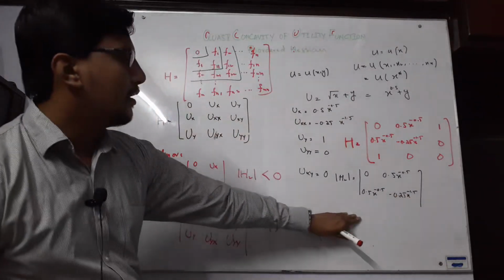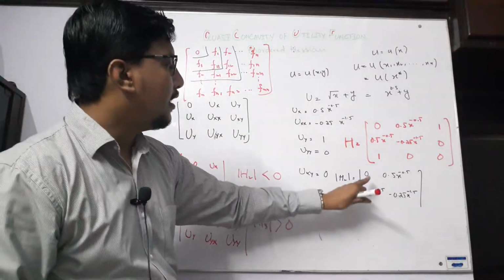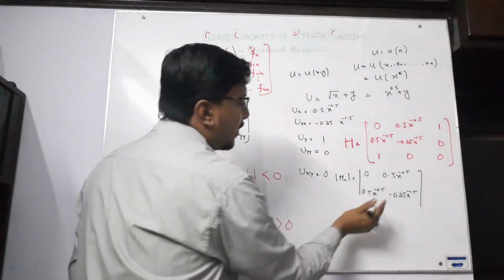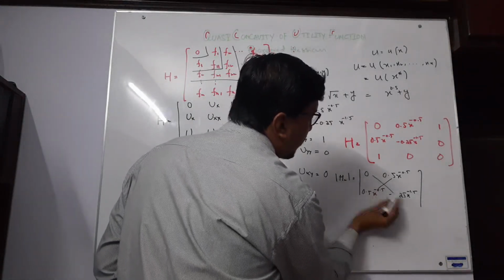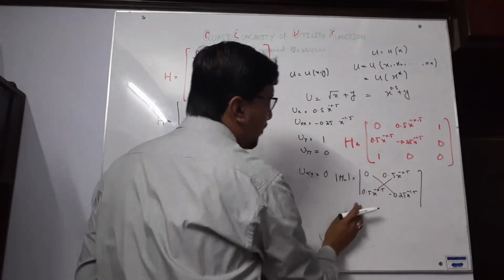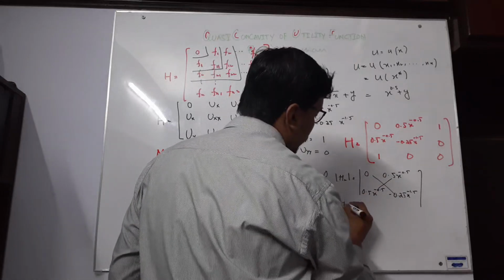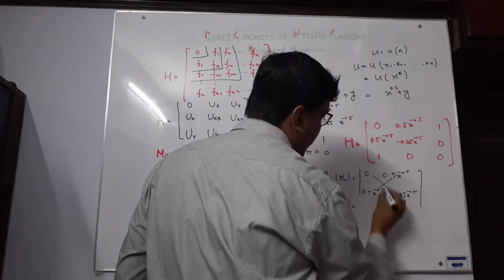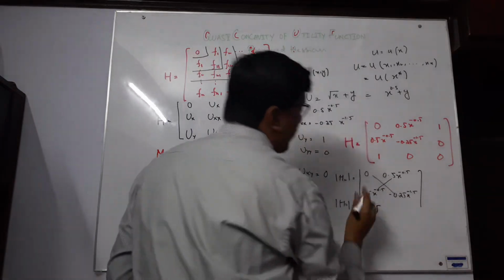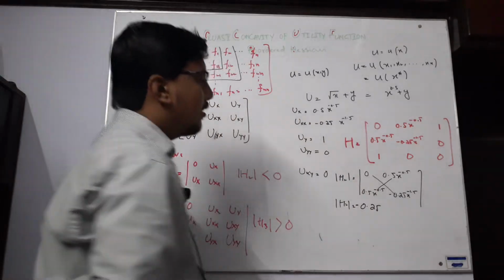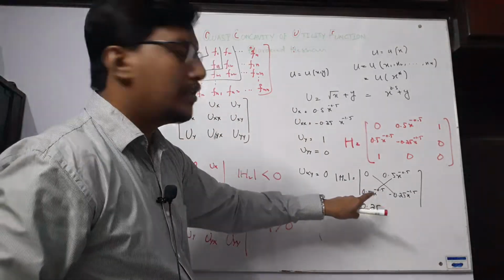What is happening here? You can clearly see that if we take the determinant of this and make the cross multiplication, this term will be 0, and the H2 answer is 0 minus, because in the formula the minus comes in the middle when we solve the determinant.